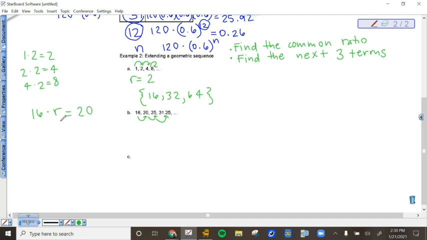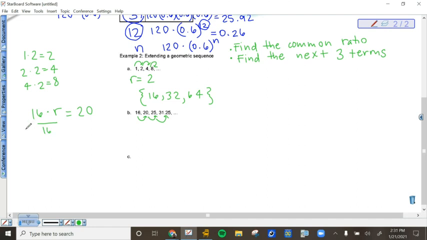How do I solve for R? You have to divide by 16.